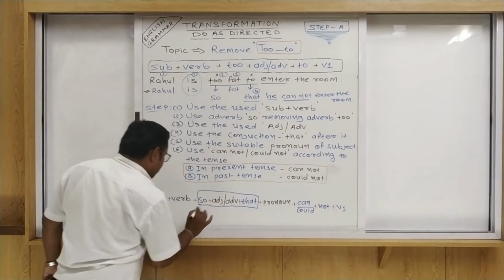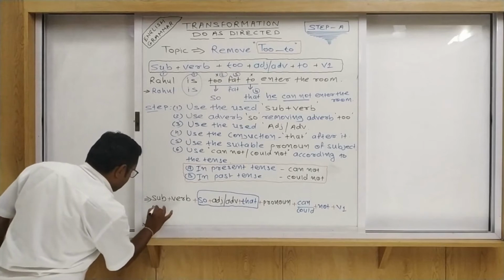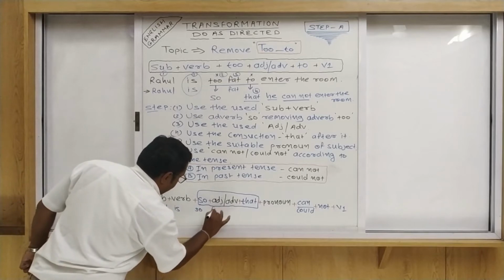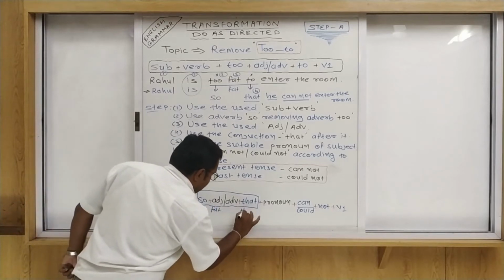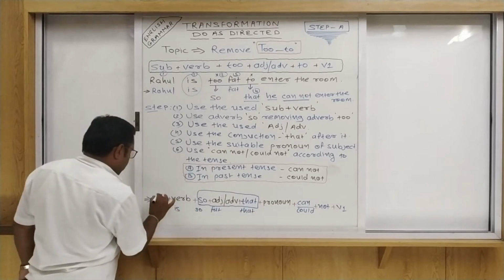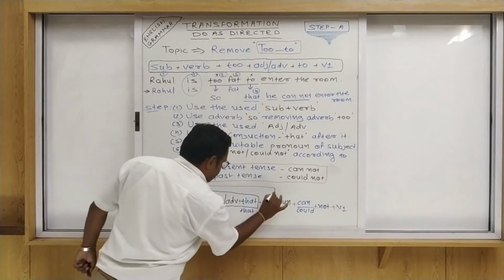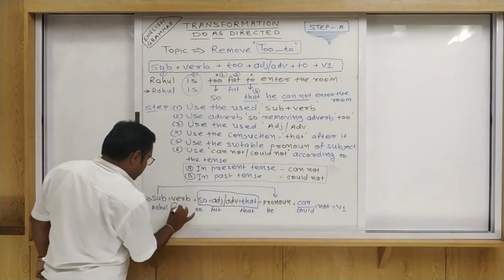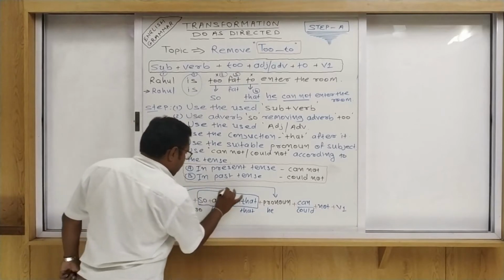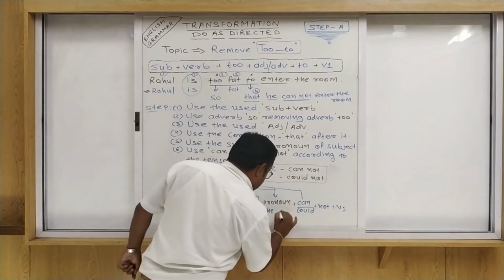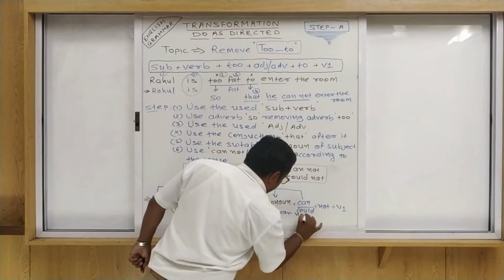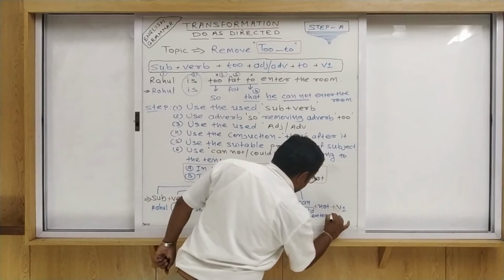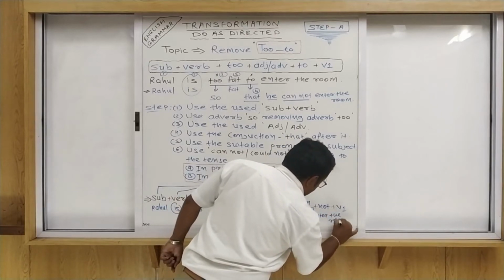So Rahul is so fat that, and the pronoun we use here is 'he'. Now the second thing, the verb. What is the verb here? 'Is', that is simple present tense, so we use 'cannot', then 'enter the room'.